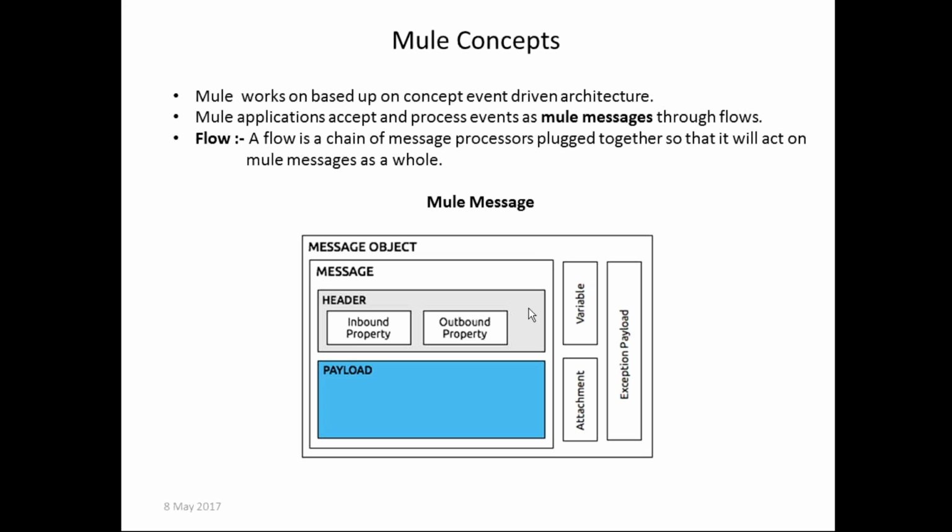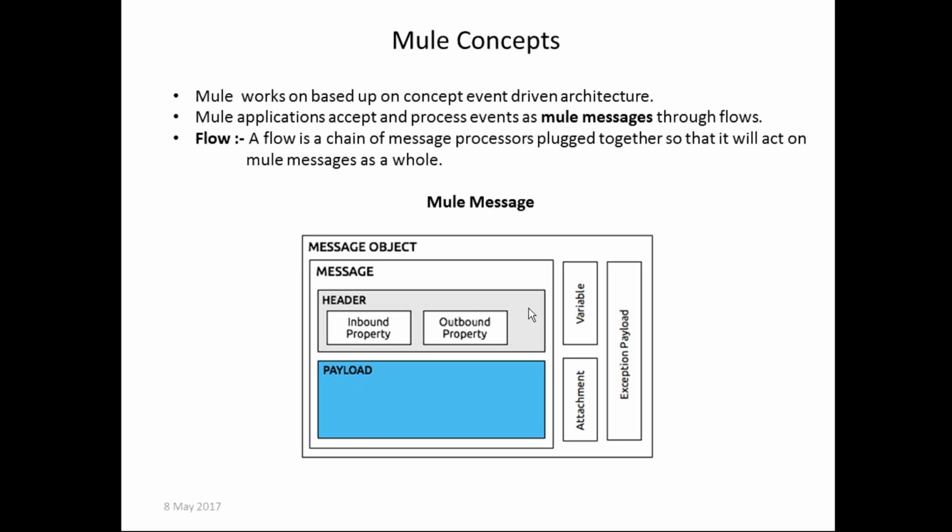So I was mentioning the Mule message. Like how a Mule message looks, how a Mule message will be generated. This is the very basic diagram of a Mule message. You can see an outer envelope which says message object, and inside there is an inner rectangle which says message.